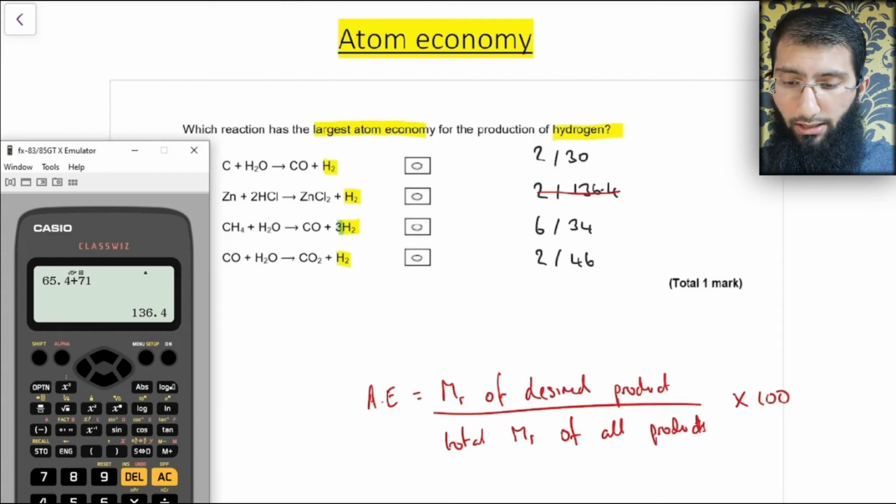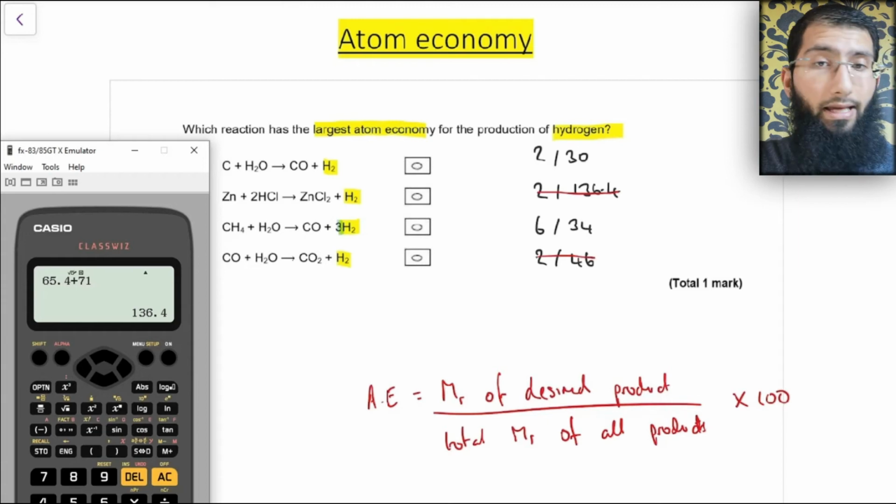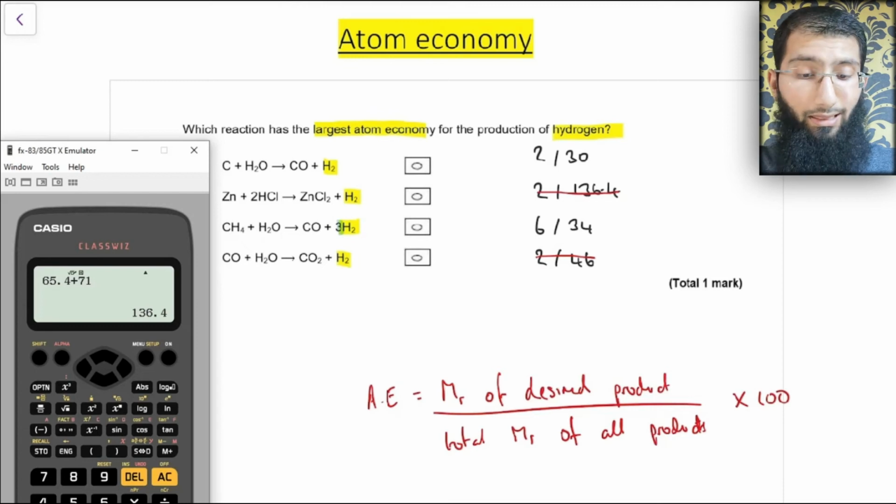So now it's a toss-up between A, C, and D. It's not going to be D because that has a smaller value than A. So it's a toss-up between 2 out of 30 and 6 out of 34. The larger fraction out of the two is going to be C.